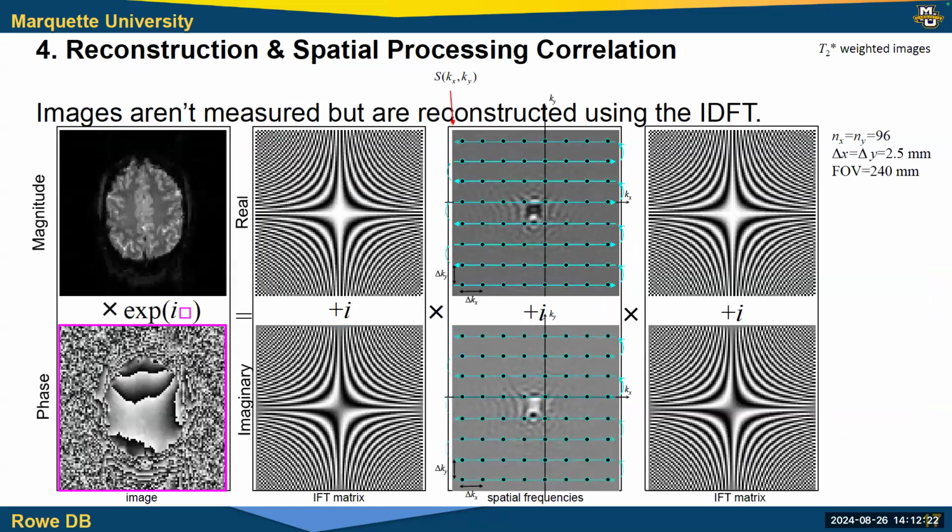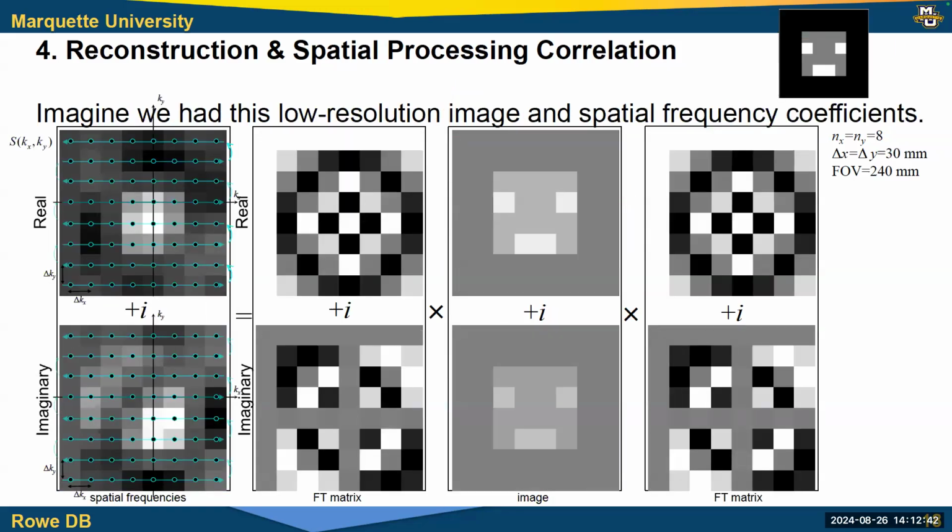Okay. Now, but in reality, there's much, much more going on behind the scenes. Because in fMRI, the data is actually measured as spatial frequencies, or approximately spatial frequencies. And we generate our image, magnitude and phase usually thrown out, by the inverse Fourier transform. Now, if I think about a toy example, so here's an image much like the one that I showed you, the split between real and imaginary, and I take the inverse Fourier transform to get spatial frequencies, K-space.